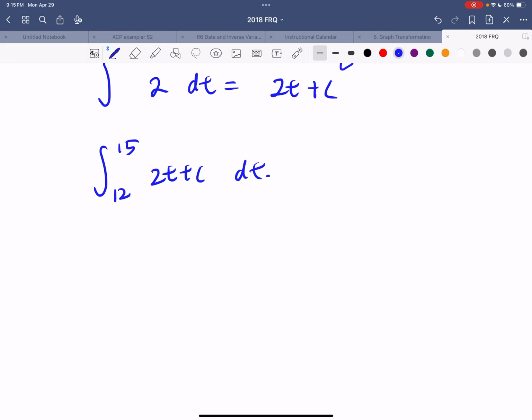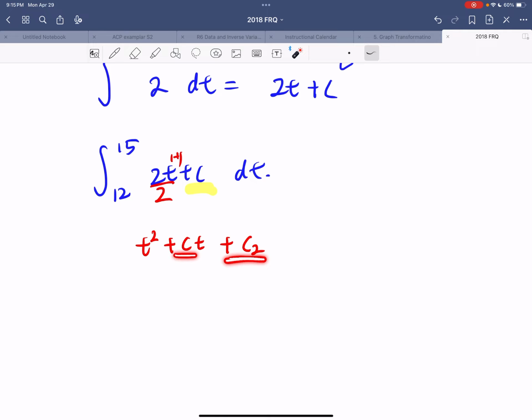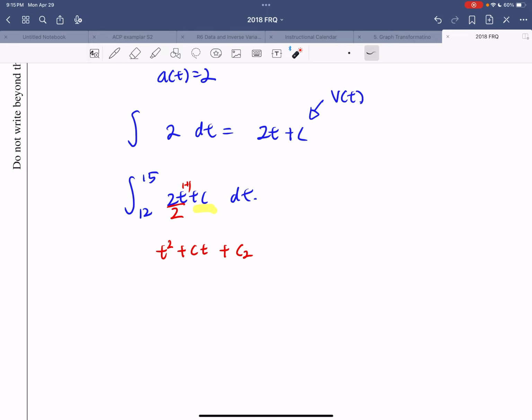When you do this, that's going to be t squared plus ct plus c2. I don't know what c is, so I just put c, and I have another c, but those two are not the same, so that's why I put c2 here. That just means a constant, from 15 to 12.